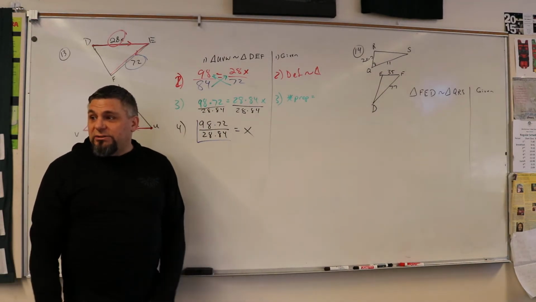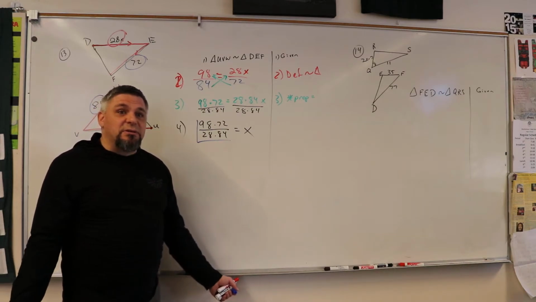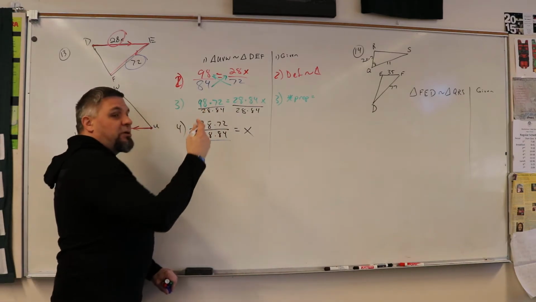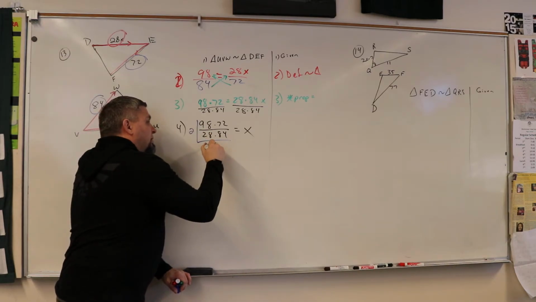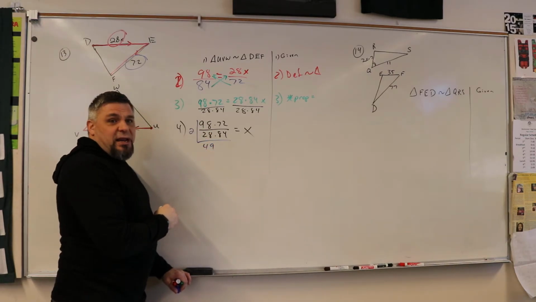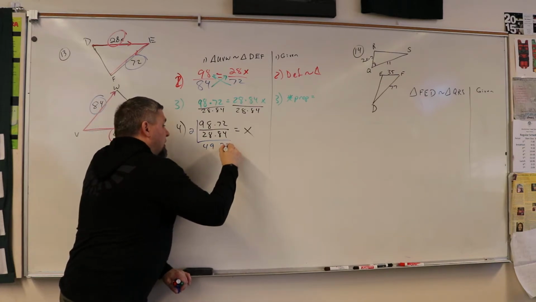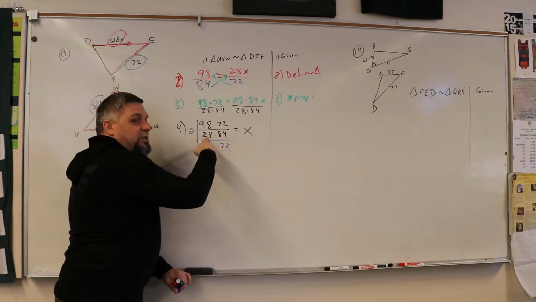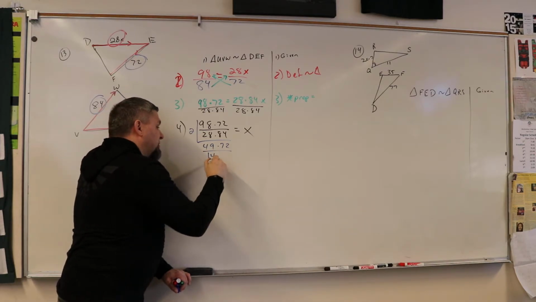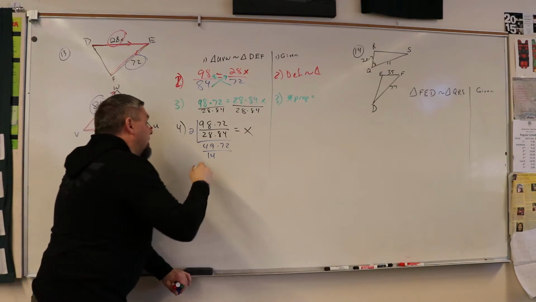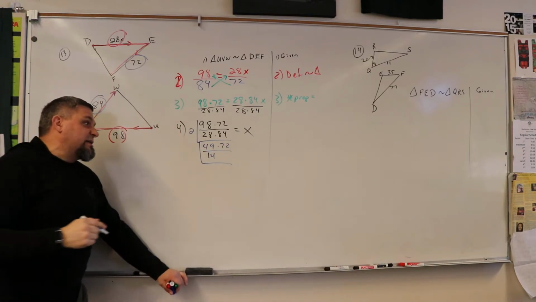Well, I know 2 does, right? Because they're both even. So let's just start with 2. 2 goes into 98 49 times, right? And that's all that we're going to worry about. 2 goes into 28 how many times? 14 times. Good.